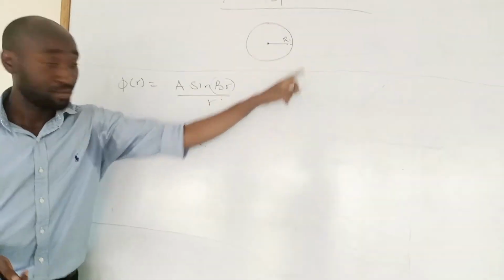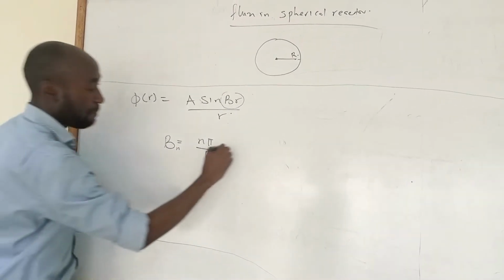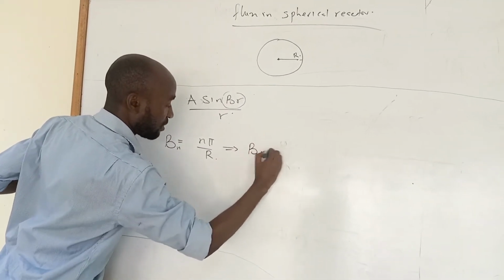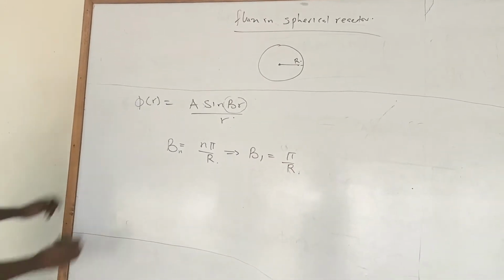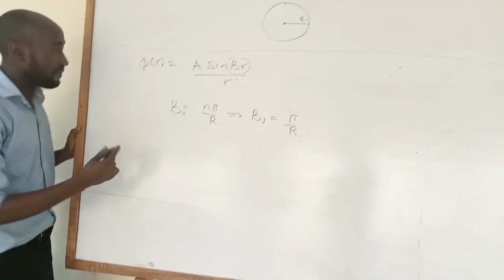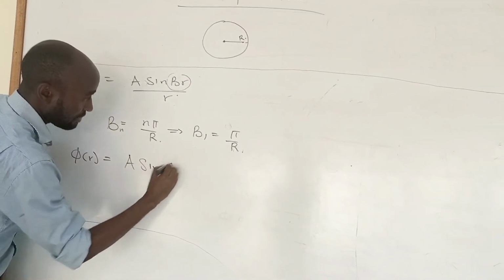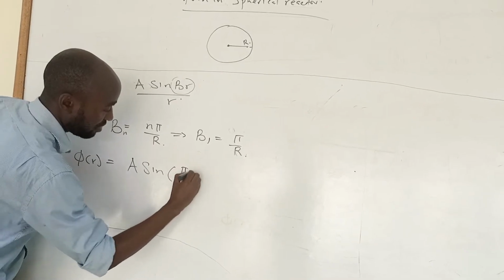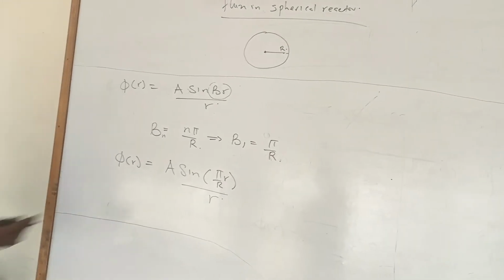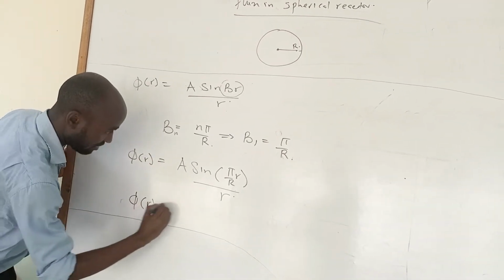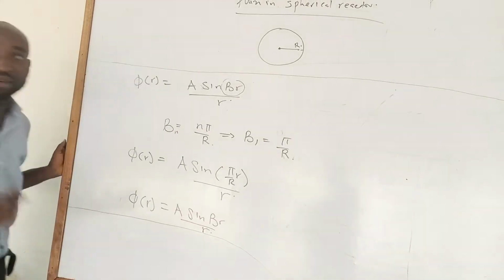R. So we can put our Bn to be equal to n pi over r, which our B1 will now be equal to pi over R. So we can write our critical flux to be phi of r is equal to A sine pi r over R over r. Or just leave it like this: phi of r is equal to A sine Br over r.